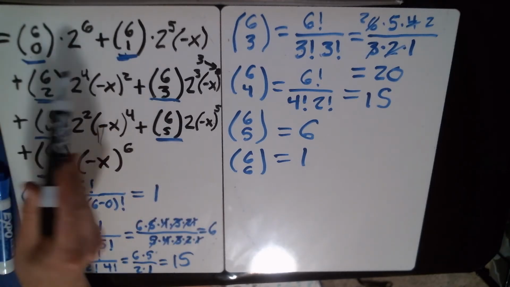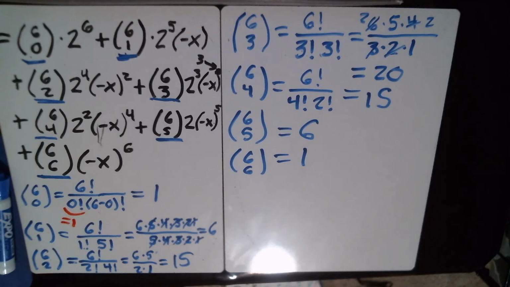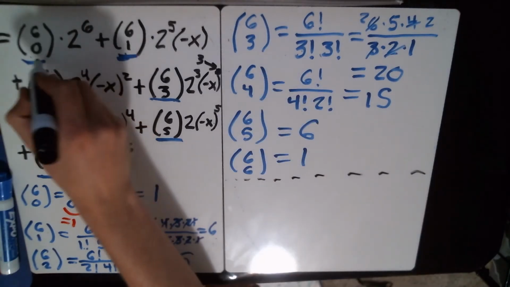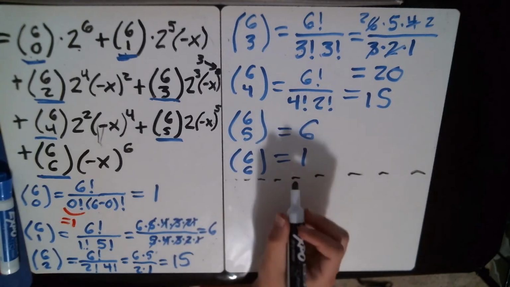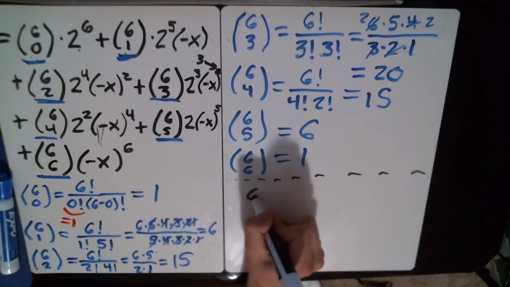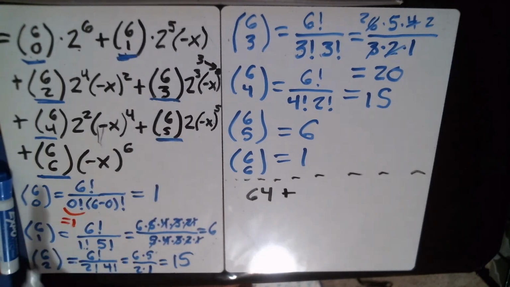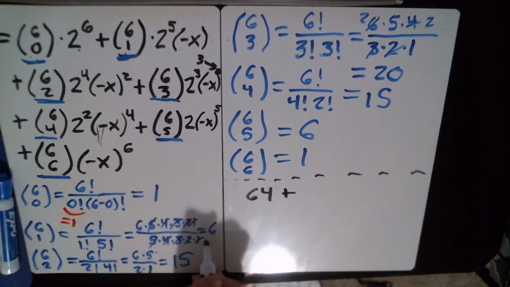So my 6 choose 0 was 1, and we had 1 times 2 to the 6th. Let's figure out what 2 to the 6th power is so that we can simplify this. That's 64. So this is 1 times 64, so just 64, plus 6 choose 1 we figured out was 6, right?